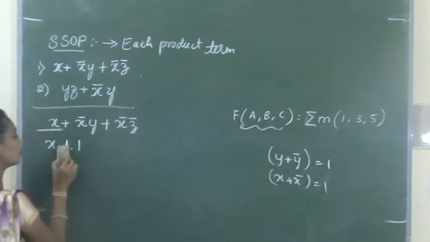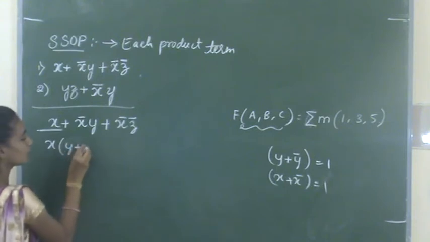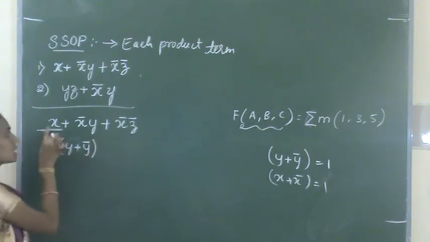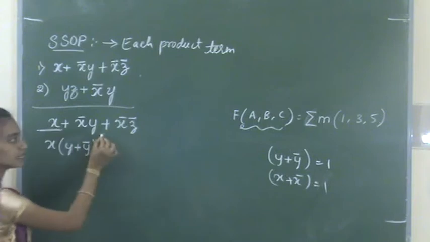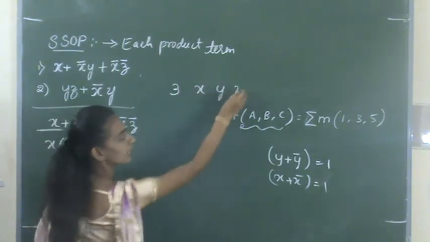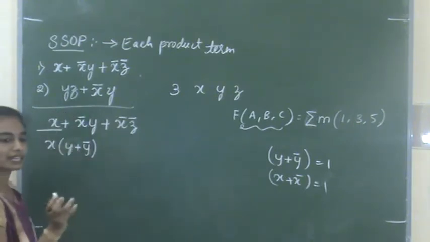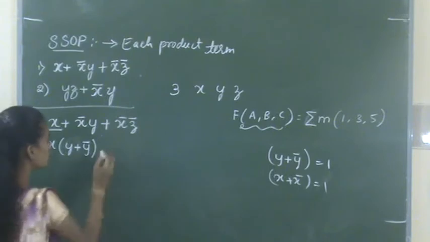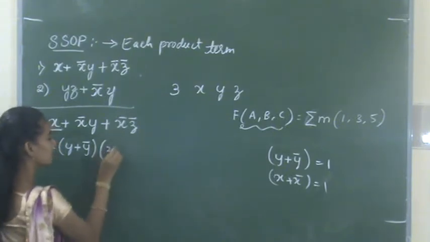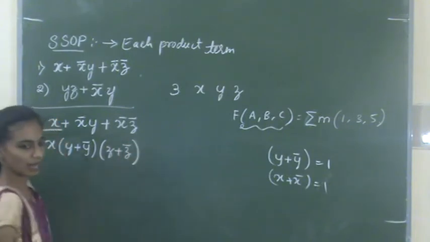So instead of 1, I write y plus y bar, because in this expression we are using three variables, x, y and z. In the first product term, y and z are missing, so I write x into y plus y bar into z plus z bar.